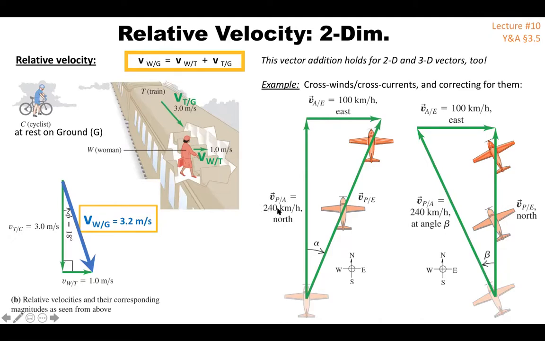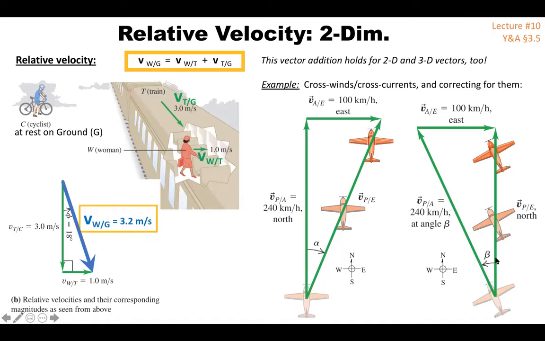When the propeller's on, it only travels at one speed, which is 240 kilometers per hour with respect to still air. So that won't change. So you can see that the length of this velocity vector, which is the airspeed of the aircraft, the velocity of the aircraft with respect to still air, is still the same length. It's 240 kilometers per hour.